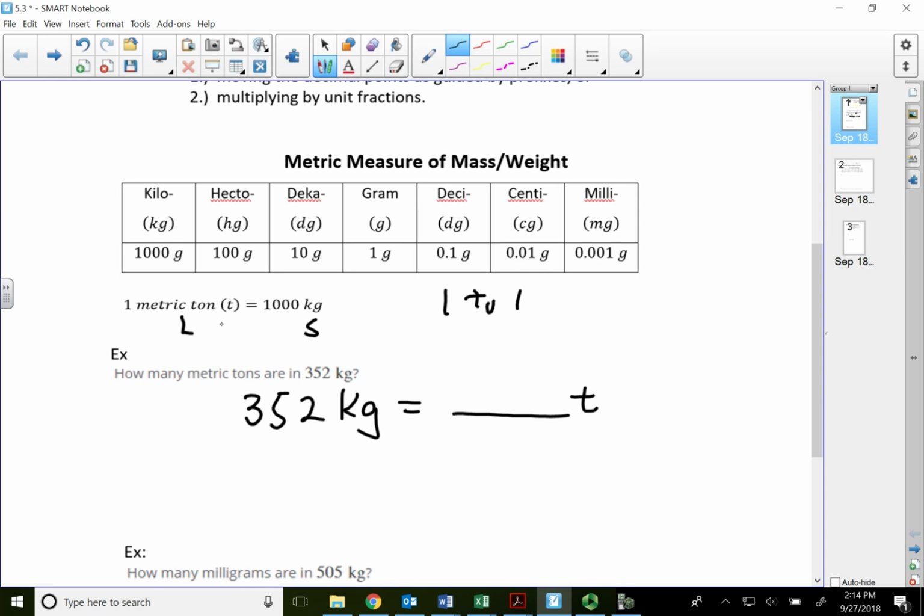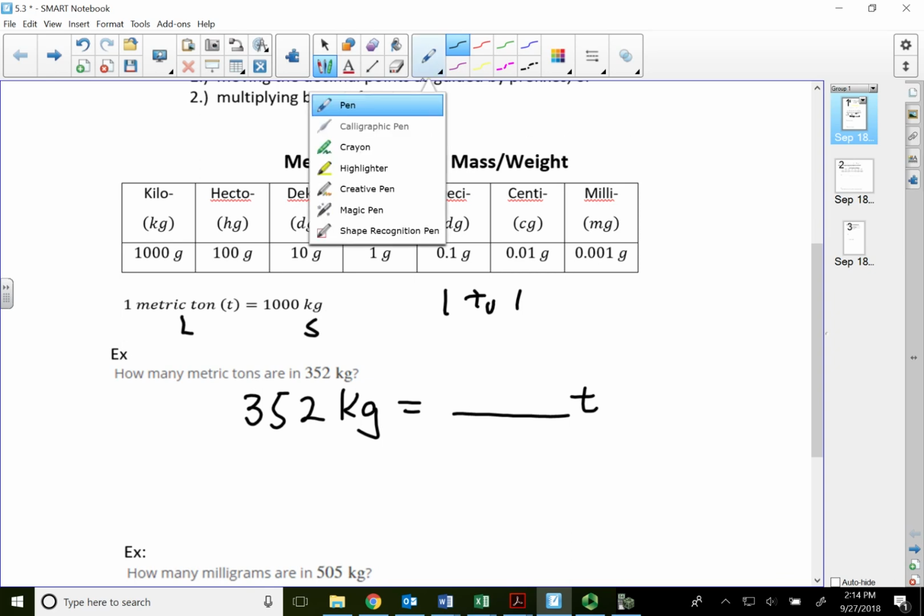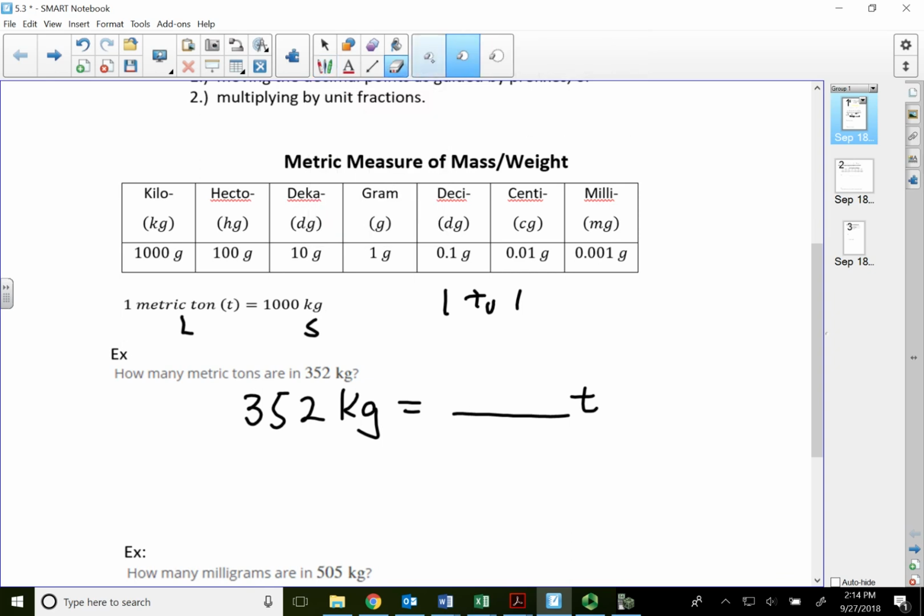Since my metric ton is a larger unit compared to a kilogram, 1 of yours given to me is, in return, 1,000 of mine. That makes your unit larger than mine. So for this problem, 352 kilograms is a smaller unit being converted to a larger unit.